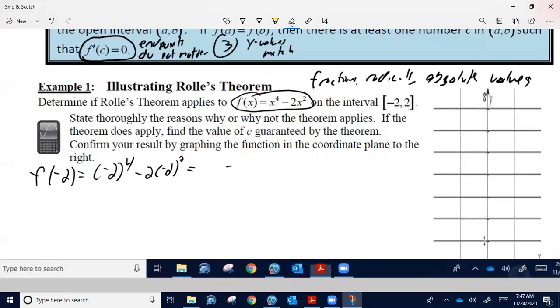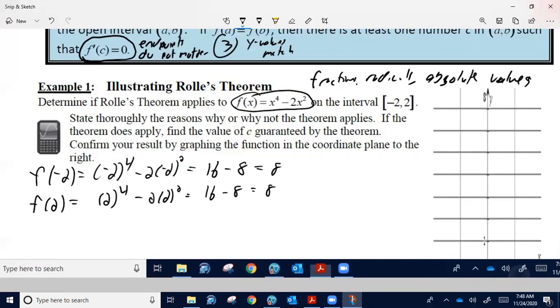It's going to give us a 16 minus an 8, which is 8. f of +2 is 2 to the fourth minus 2 times 2 squared, which is 16 minus 8, which is also 8. So f of -2 equals f of +2. That's good. The derivative then has to equal 0 somewhere.